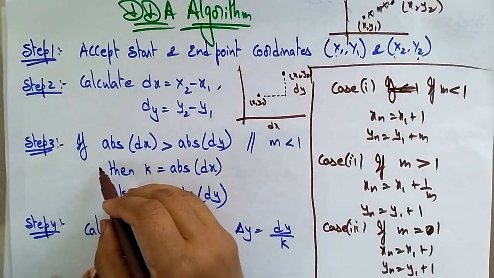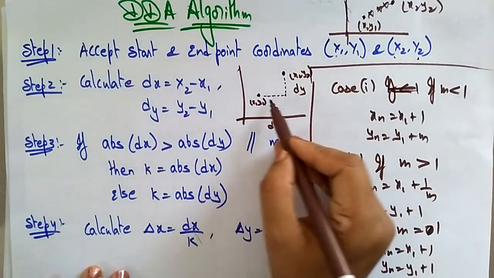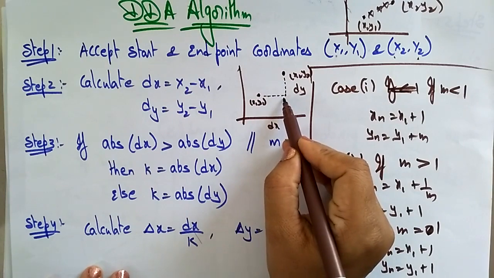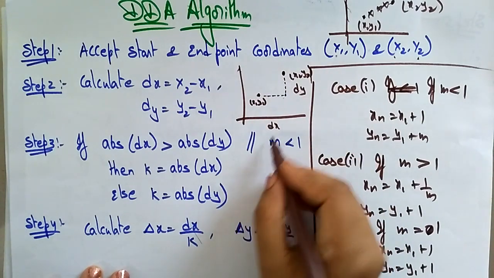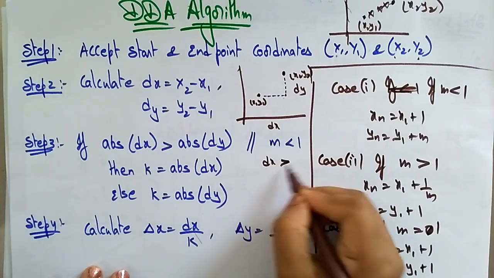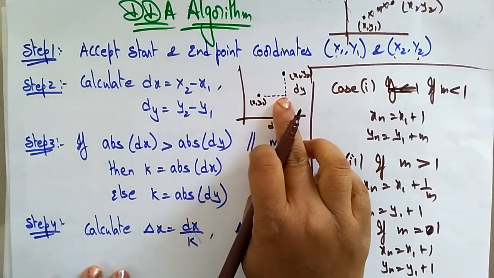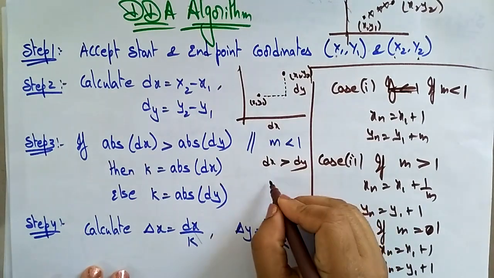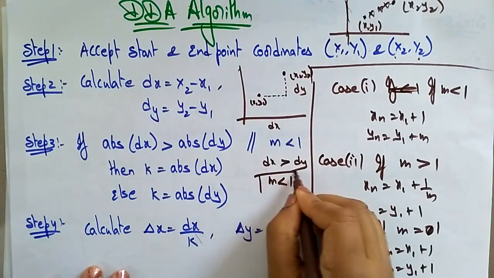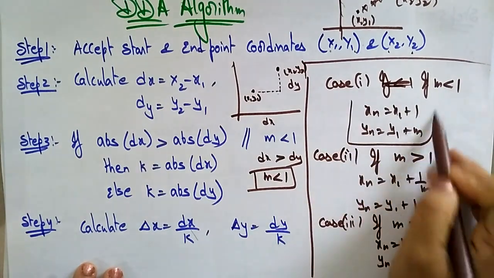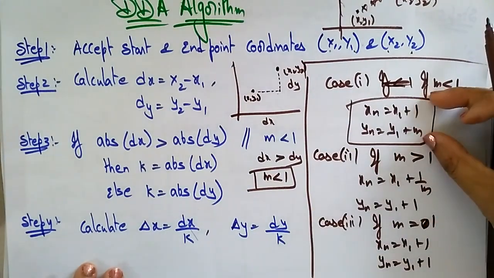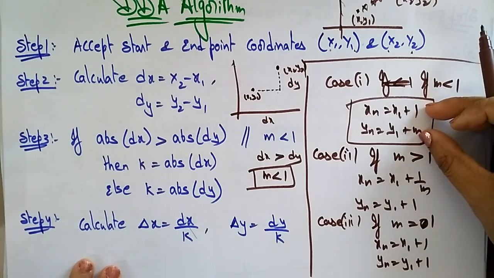If the absolute of dx is greater than the absolute of dy, that means dx is greater than dy, then obviously m is less than 1. That is what I said here: if m is less than 1, use this formula to find the next coordinates in the plane.